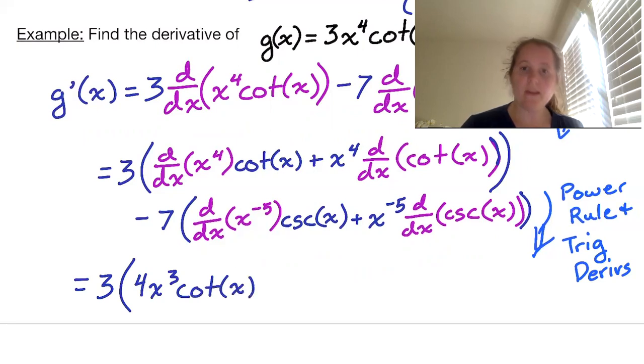Then plus x to the 4th times the derivative of cotangent of x, which is negative cosecant squared of x.